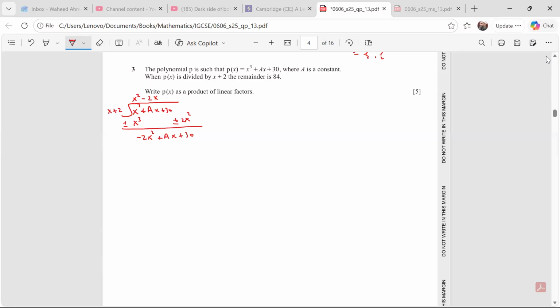So it will become minus 2x square and minus 4x. This cancels, and I have (a + 4) times x plus 30.